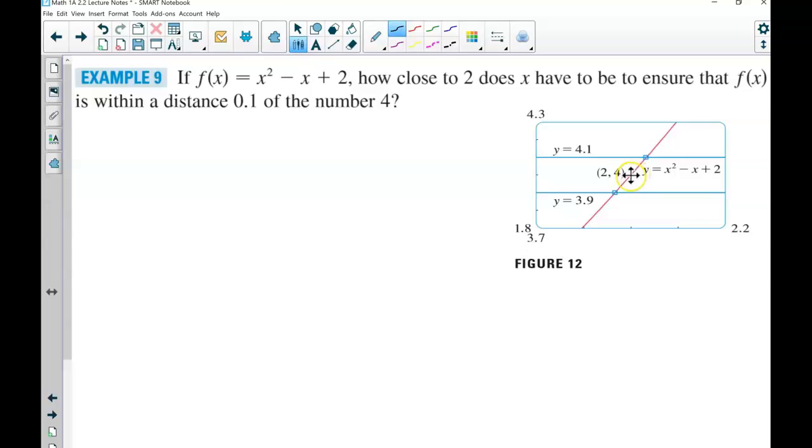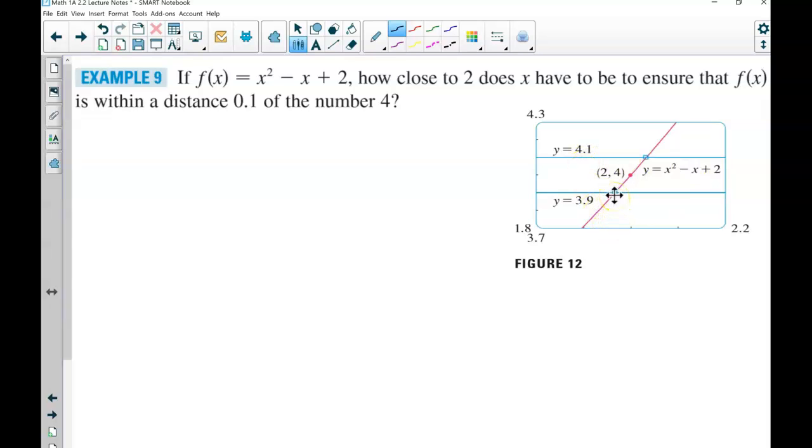4.1. So above 4 is the value of 4.1, and we create a horizontal line because that's within a distance of 0.1 above the value of 4. And then below 4, again within a distance of 0.1, so 4 minus 0.1 gives you 3.9. So now we've created these two horizontal lines.